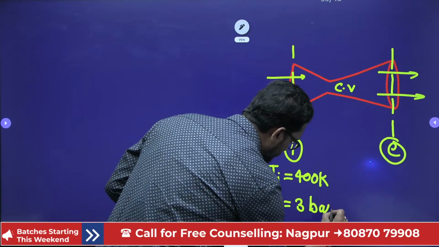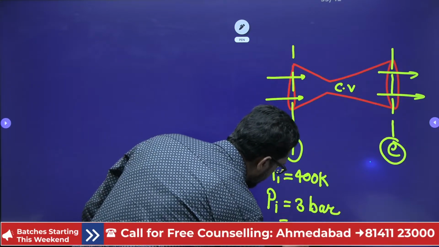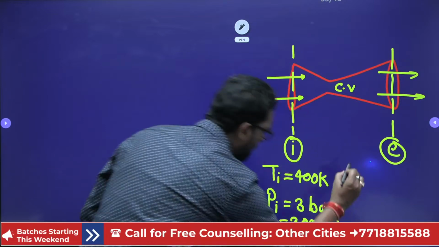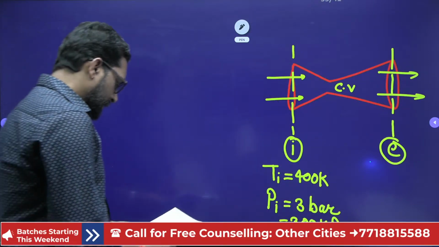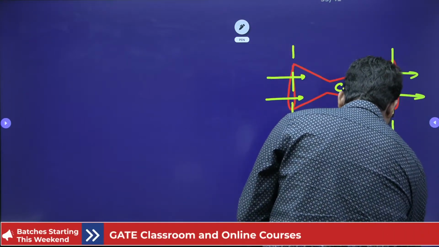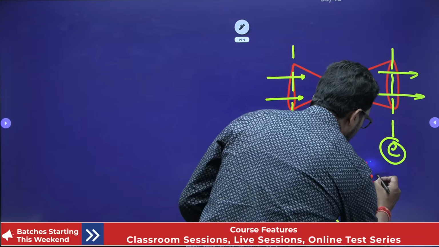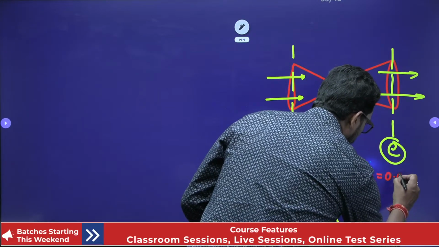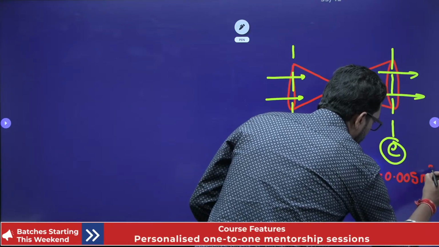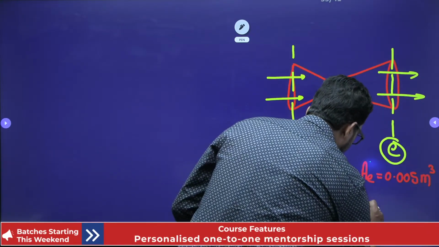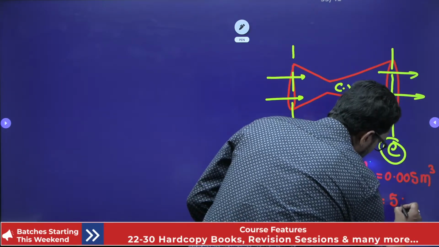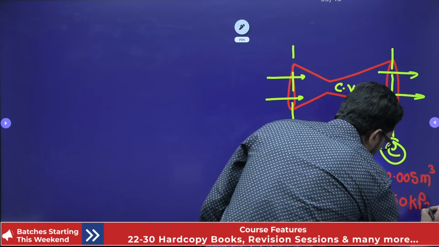If you convert to kilopascal, this is 300 kilopascal, the inlet pressure. The area at exit is given, 0.005 meter square. And the exit pressure, which is static, is given as 50 kilopascal.